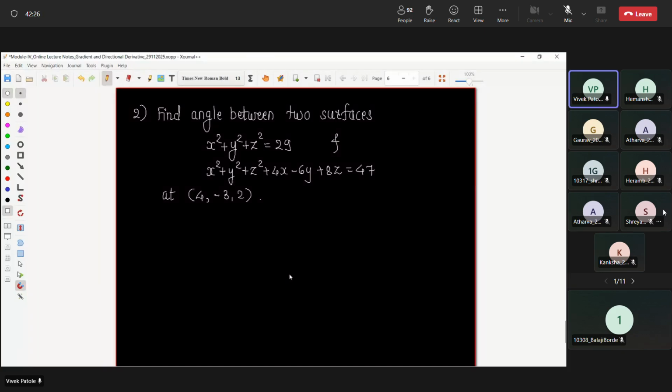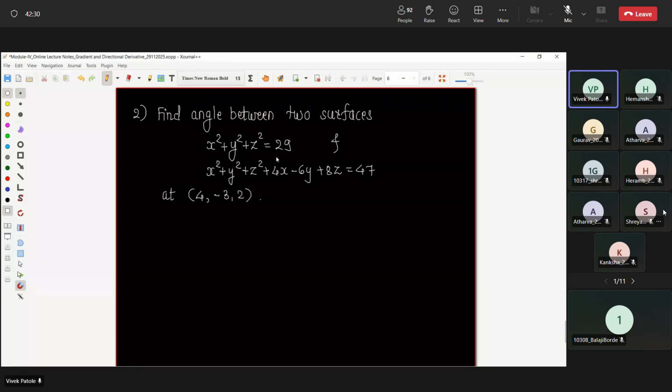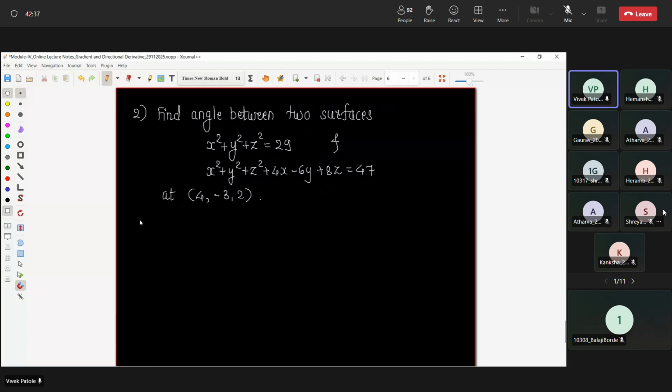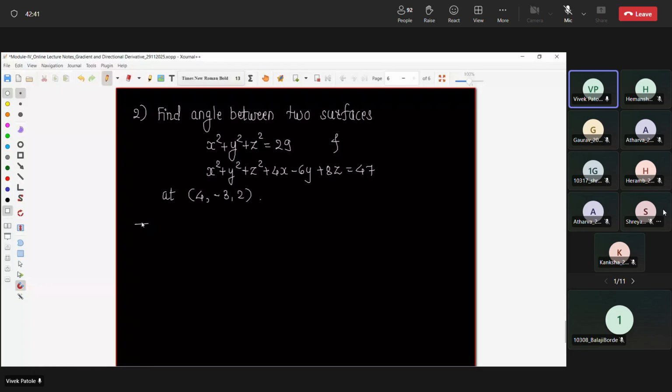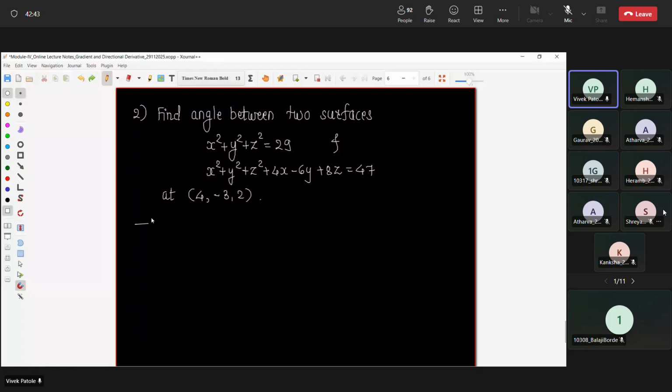Both are spheres. x square plus y square plus z square equal to 29 is a sphere, and x square plus y square plus z square plus 4x minus 6y plus 8z equal to 47 is also a sphere, and we wish to obtain the angle between these two surfaces.